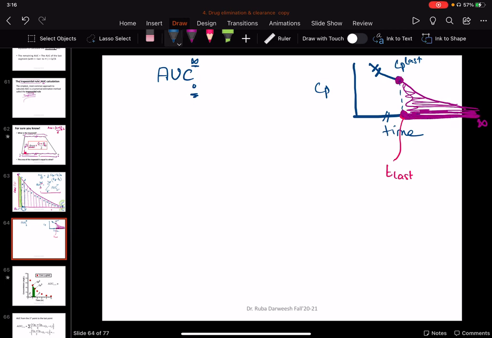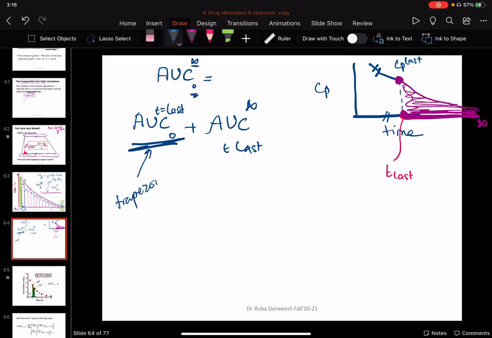So again, if we go back, this would be equal to the area under the curve from 0 to T last plus the area under the curve from T last until infinity. Okay, we used a trapezoidal method or trapezoidal area to determine it. We still have this. We need to do an integration, as we mentioned before.